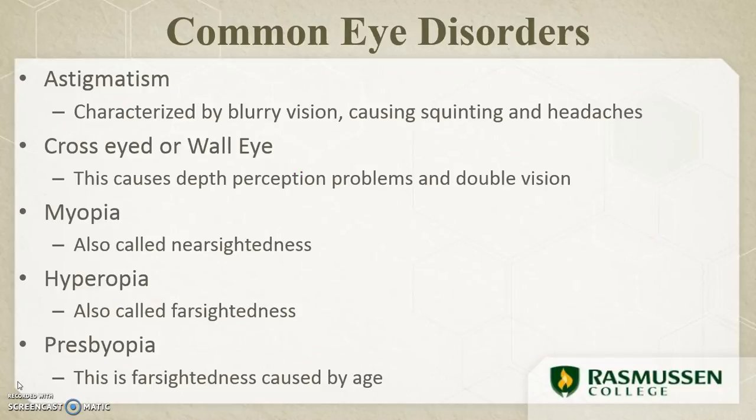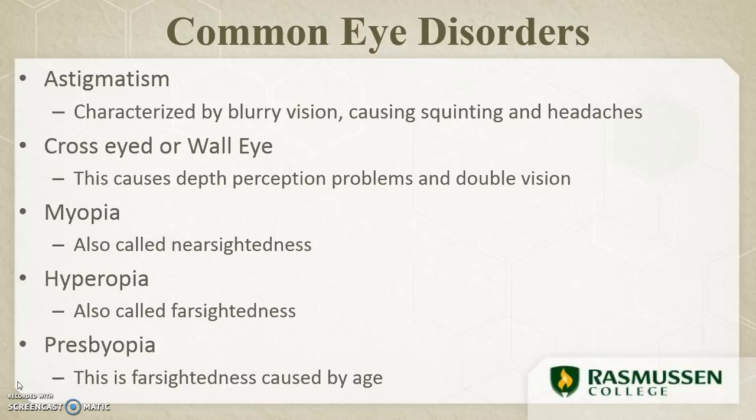Alright, so now it's time to discuss some of the more common eye disorders that you will hear of. Some of the big ones are astigmatism, cross-eyed or wall-eyed, myopia, hyperopia, and presbyopia. So let's take a look at each of those. Astigmatism is a condition caused by an irregularity in the curvature of your cornea or your lens.